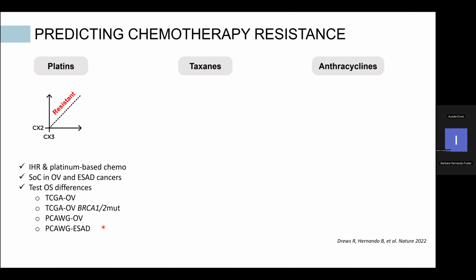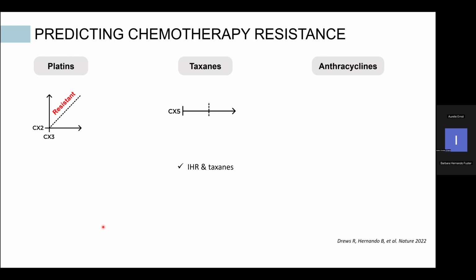So then the next step was to create a clinical classifier for taxanes. And for that, we use another signature, CX5, that is also related to impaired homologous recombination, but those tumors also have high levels of replication stress. And actually, for example, triple negative breast cancers that have homologous recombination deficiency seem to respond to taxanes.